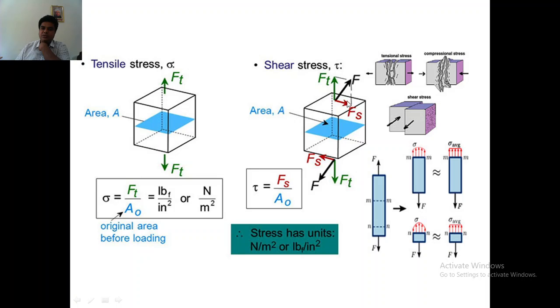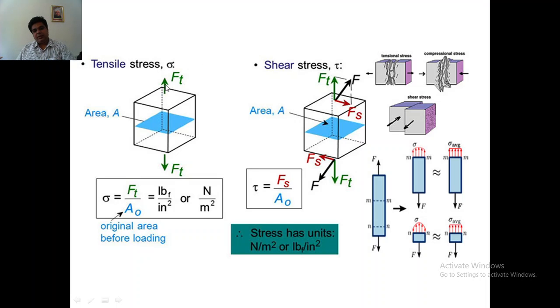For shear load or shear force, I have shear stress tau. Any type of load or force will have a corresponding stress. If the load is tensile, the stress will be tensile stress. If the load is shear force, then the stress will be shear stress. So tensile stress is sigma, shear stress is tau.